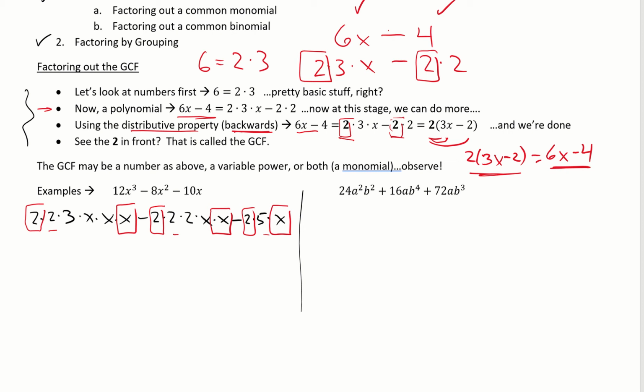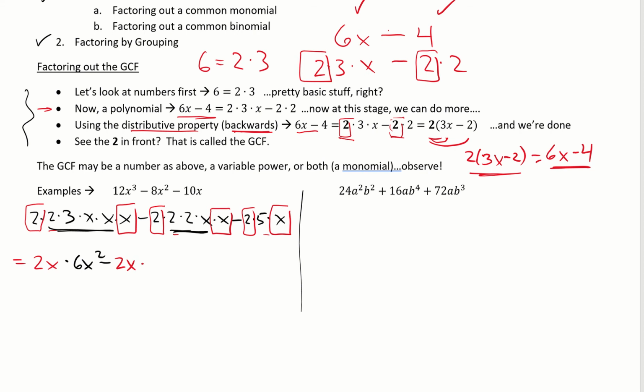If I write that a different way, you might appreciate that. So it's really equal to 2x, first term, times this stuff right there, which is 6x squared, okay, then minus 2x times, and now who's left over here?